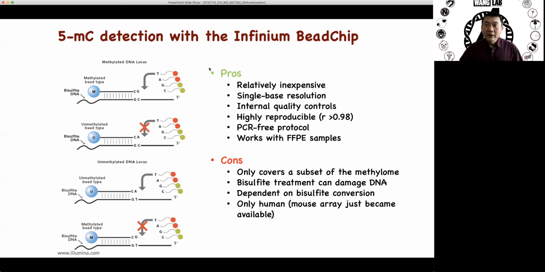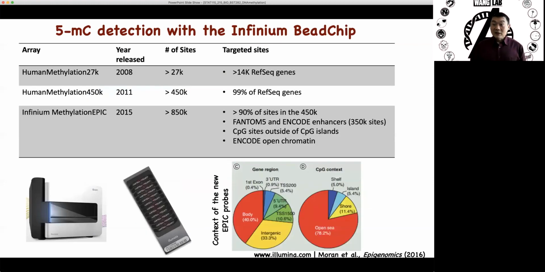This is a very commonly used approach. The advantage here is it's very reproducible, right? And you know exactly what CpG you look at. The disadvantage is you only know about the CpGs that you interrogate, right? There have been 4 generations already. The first generation is even smaller than this, I think it's like 1.5 thousand.